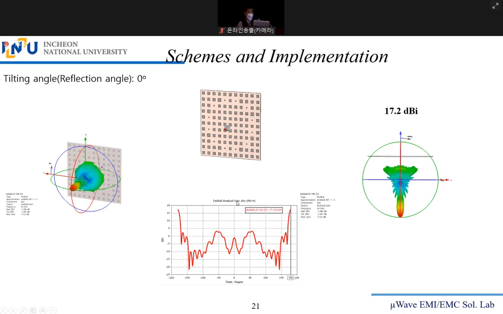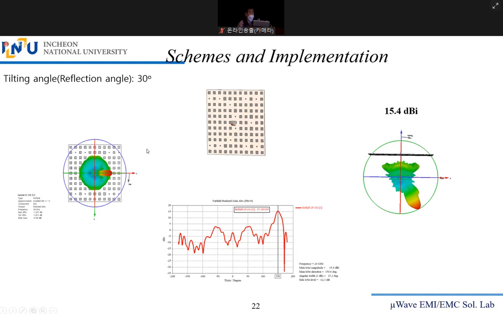So this is the front. Actually, this will be the front. And if these two points are defined as the front, this will be the back. And by concentrating the E field, the electromagnetic power, and tilting it to the angle of 30 degrees, it is possible.